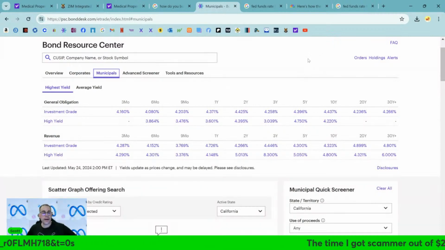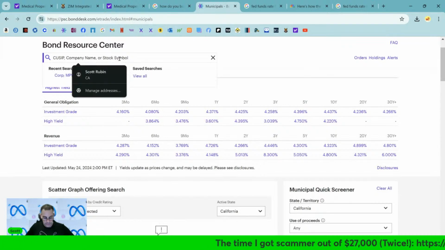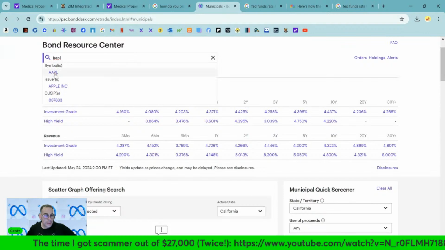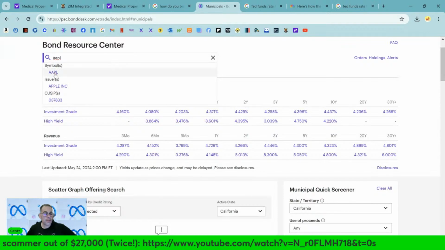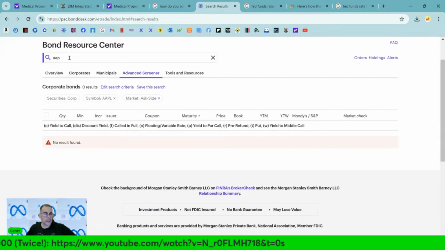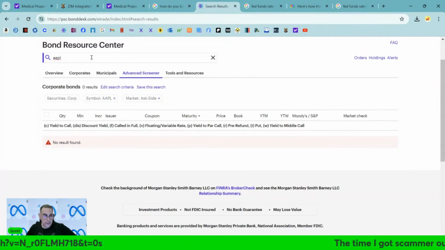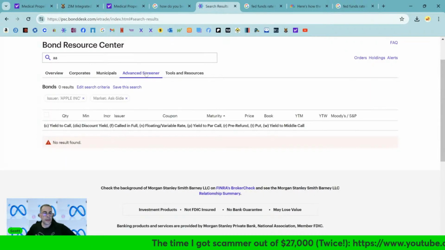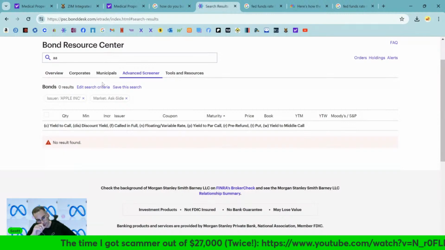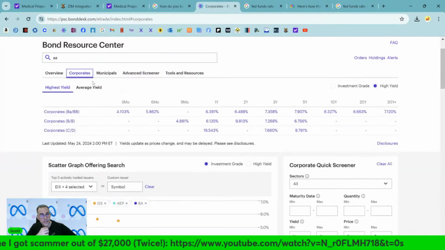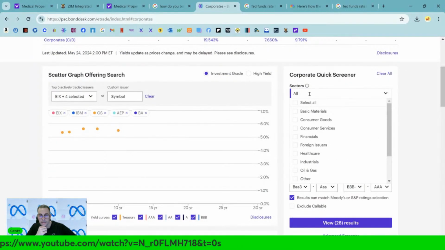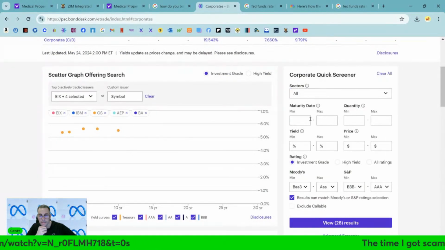I never really buy bonds. Maybe I should. Apple. Issuer Apple Inc. I don't understand why nothing comes up. Maybe I'm in the wrong section. Maturity.